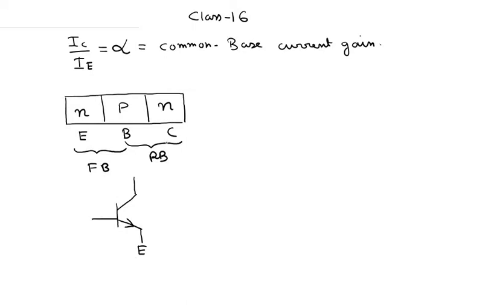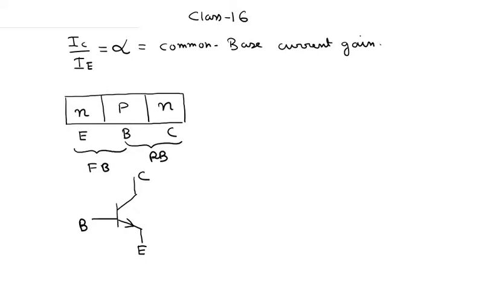Here the base is P type and the emitter is N type, so current would flow from the base to the emitter, and then out of the emitter into the battery terminal. So the arrow is directed outward. This terminal is the base, so the third terminal should be the collector.